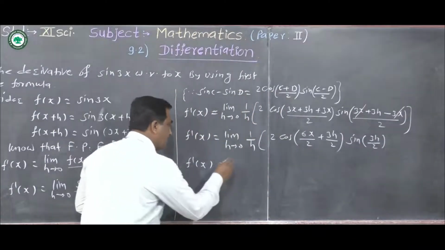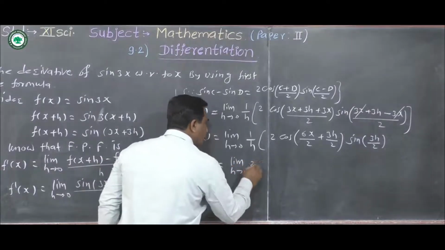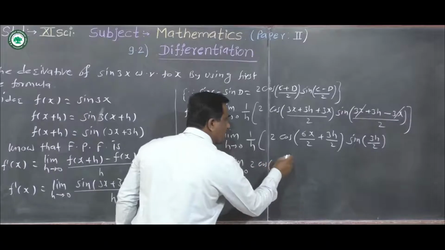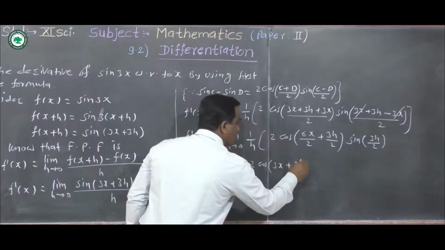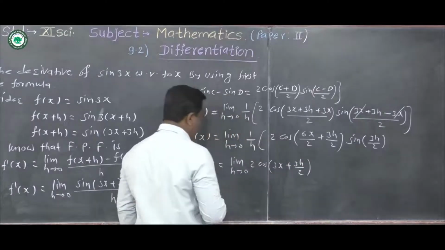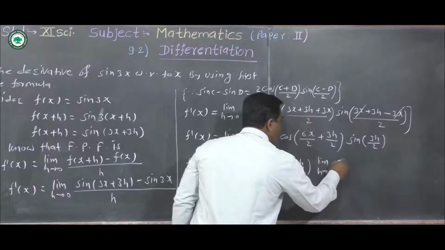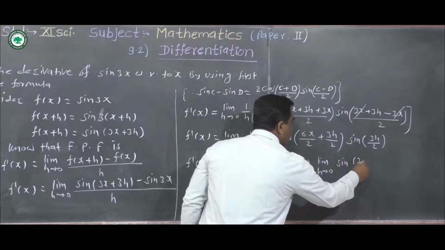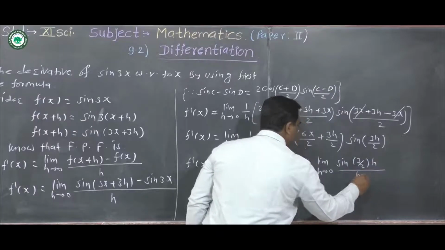That is, we can write here limit h tends to 0, 2 into cos of 6x upon 2 means 3x plus 3h upon 2 into limit h tends to 0 sin of 3 by 2 into h upon h.